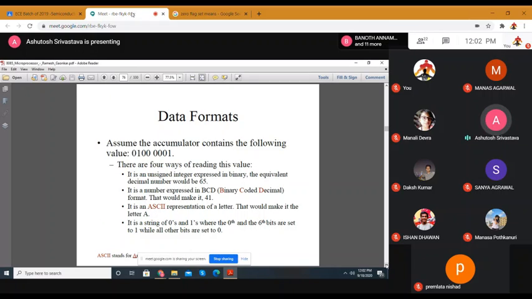I will not go into this binary code in detail. You can just take an example. Let's take any number, say 41, or let's talk about 65 or 82.